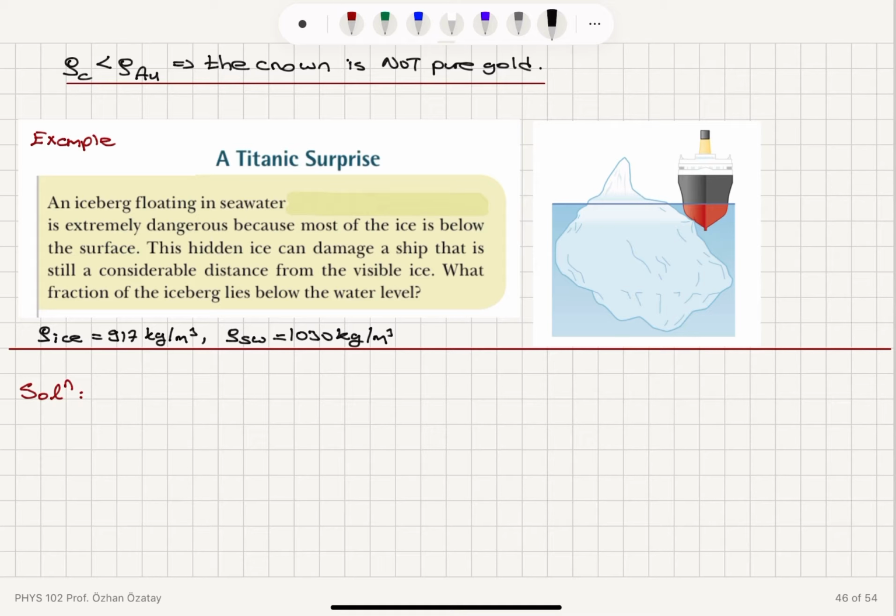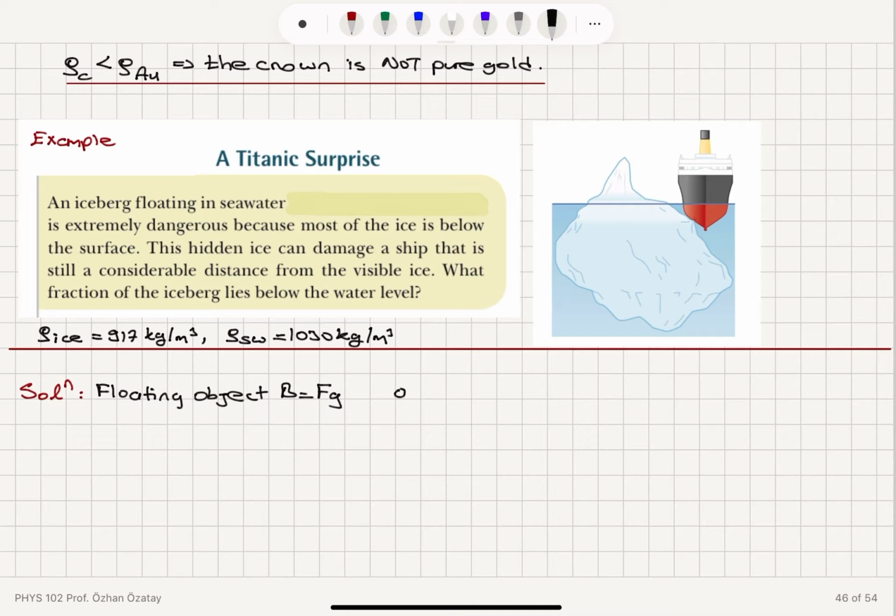So the ice is a floating object, right? So for a floating object, we know that we have an equilibrium situation. The buoyant force is compensating for the gravitational force. So what is the buoyant force?